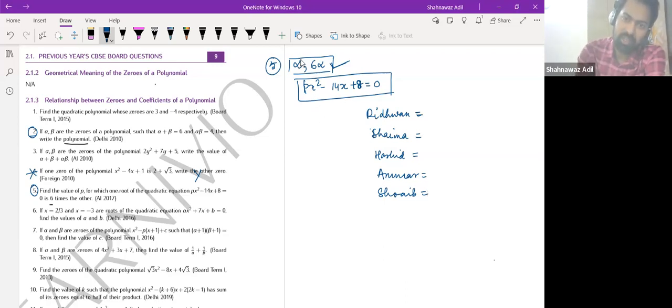So for that, we need also this alpha. So P is 3.